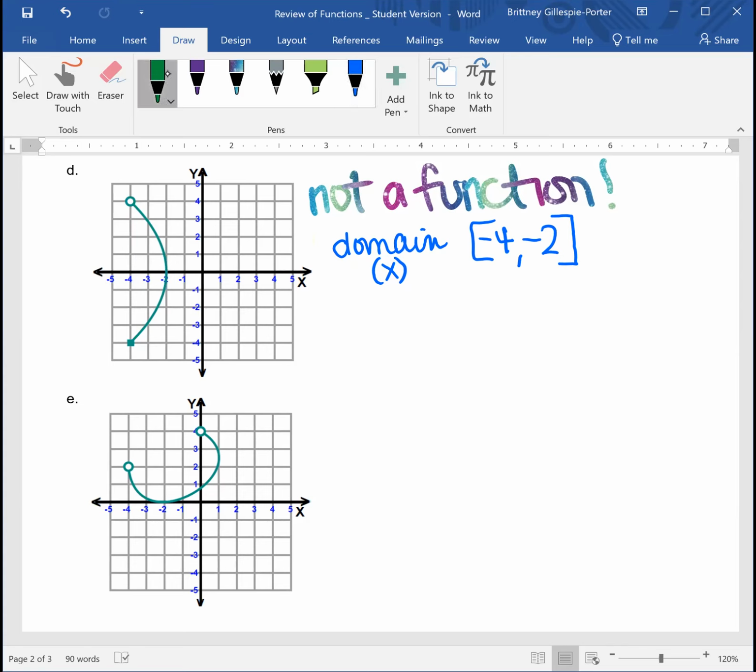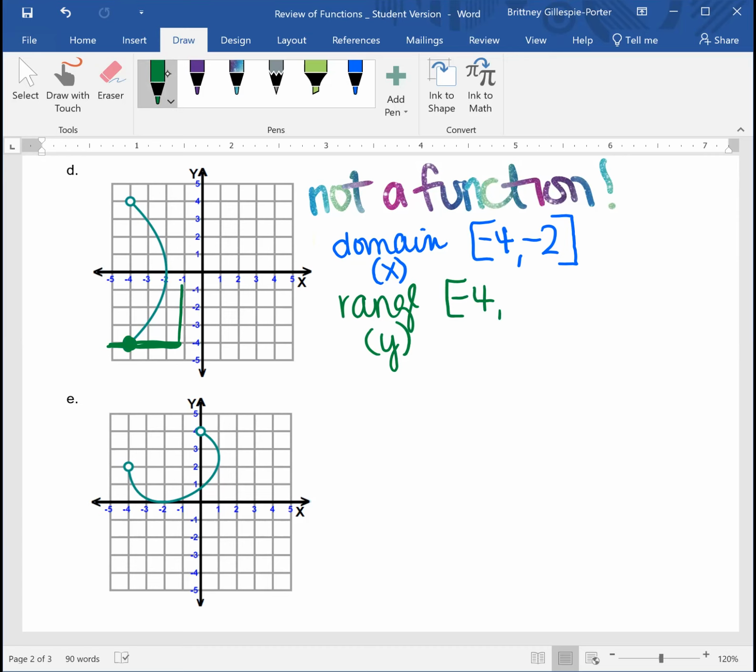Next, we need to find our range. Remember, range is y. And we're going to go smallest to largest again. Starting at the bottom, our smallest y value is at -4. And because it is a closed circle, we're going to put a bracket.